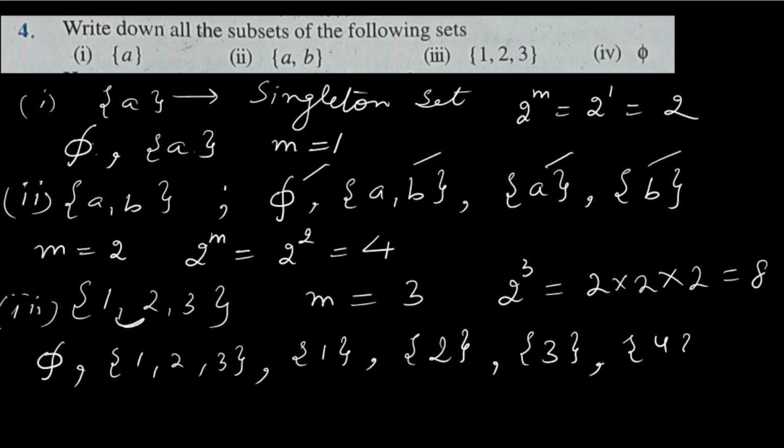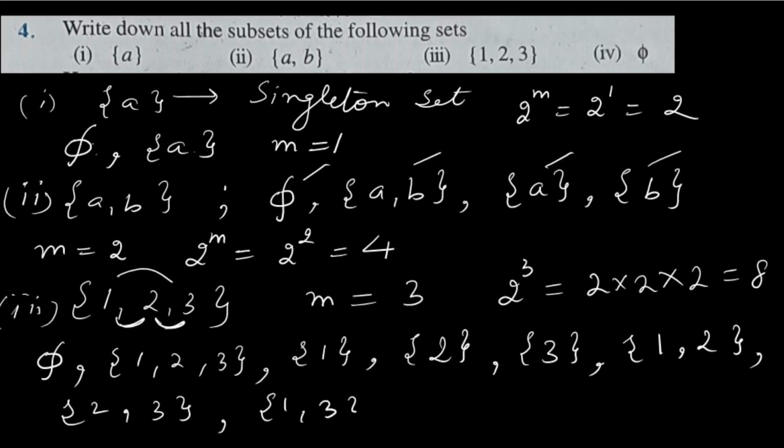Then all with 2 elements we can take: {1, 2}, then {2, 3}, then {1, 3} as well. So we can count now how many: 1, 2, 3, 4, 5, 6, 7 and 8.